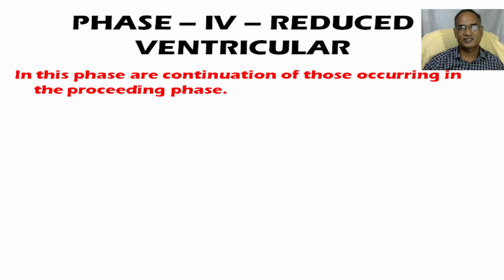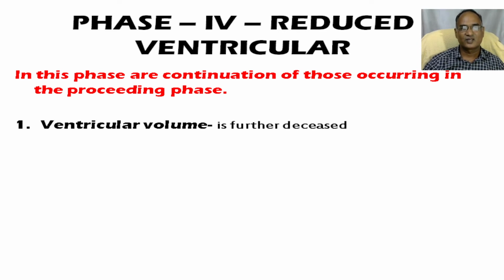The fourth phase is a continuation of those occurring in the preceding phase. The ventricle is reduced after ejecting the blood in the third phase. In the fourth phase, there will be no further ejection. So volume will be reduced, pressure will be reduced.